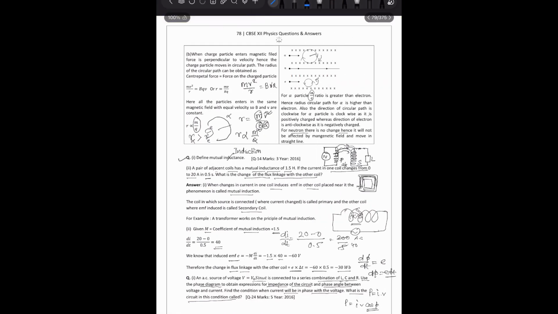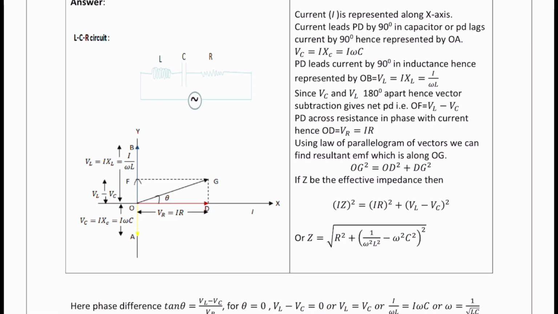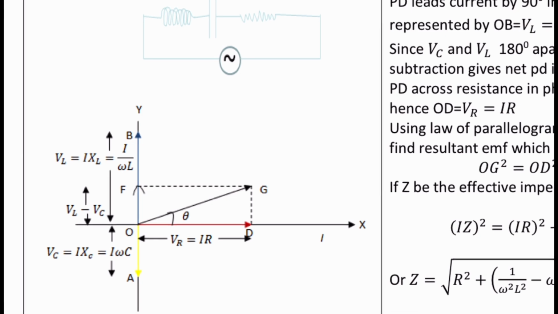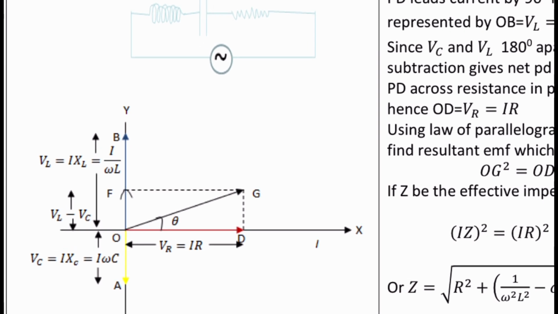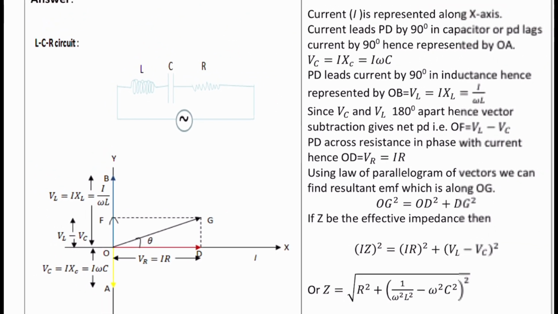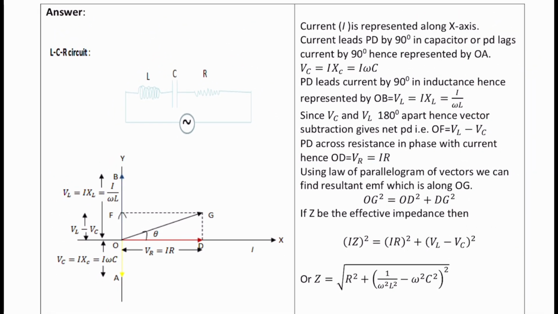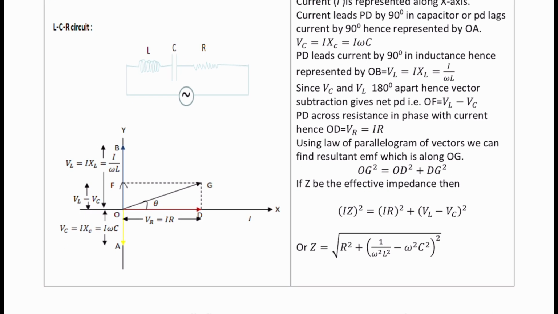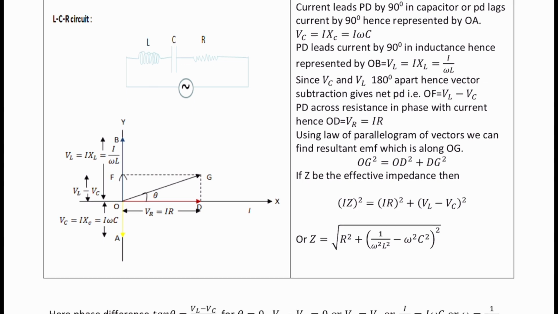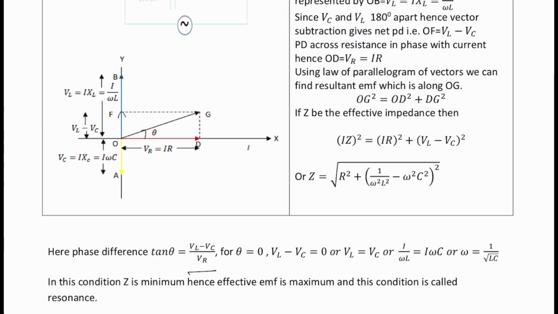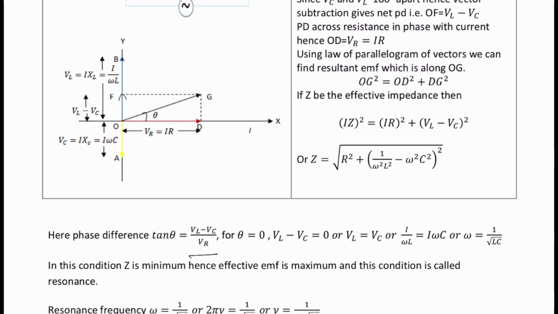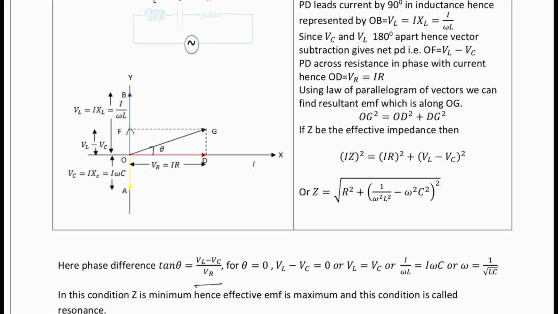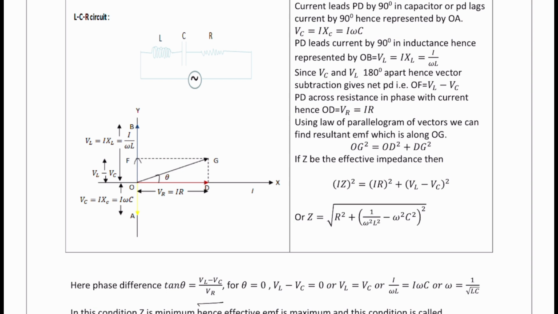The entire vector graph is shown here, so you can take a screenshot of it. This is how the resultant is represented, and this is the phase difference. So this question is answered properly.